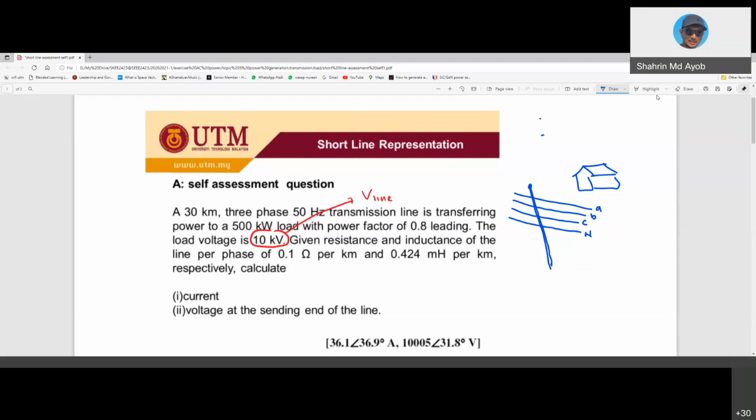Usually a single home is fed by a single line from phase A and another line from the neutral, and the other one is actually earth.